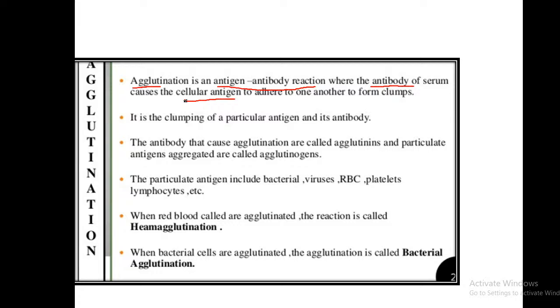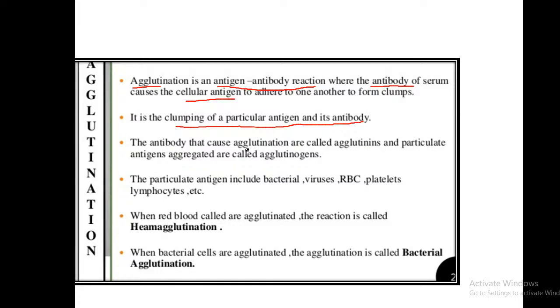എല്ലാം കൂടെ ഒട്ടിപ്പിടിച്ചിരിക്കും. ആന്റിജൻ ആന്റിബോഡിയുമായിട്ട് വന്ന് അറ്റാച്ച് ചെയ്തതിന് ശേഷം എല്ലാ ആന്റിബോഡിയും കൂടെ clump ചെയ്തിരിക്കും. And that is known as agglutination. It is the clumping of a particular antigen and its antibody. എല്ലാം കൂടെ ഒട്ടിയിരിക്കുക. That is what is known as agglutination.